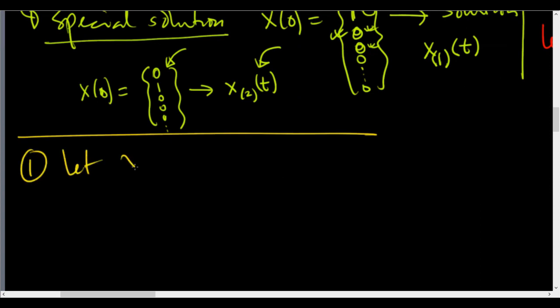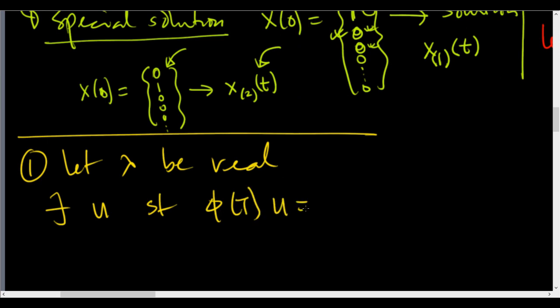Let lambda be real, then there is some vector u such that phi of T u is equal to lambda u. Okay, very good.